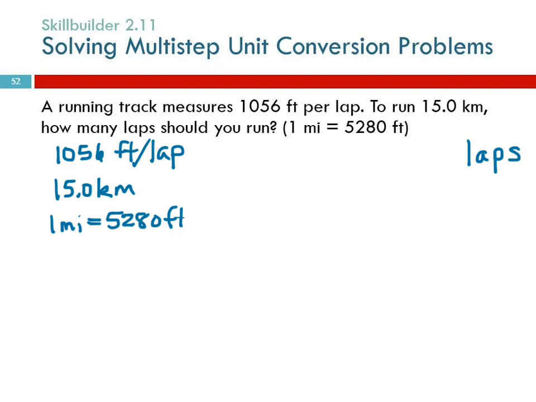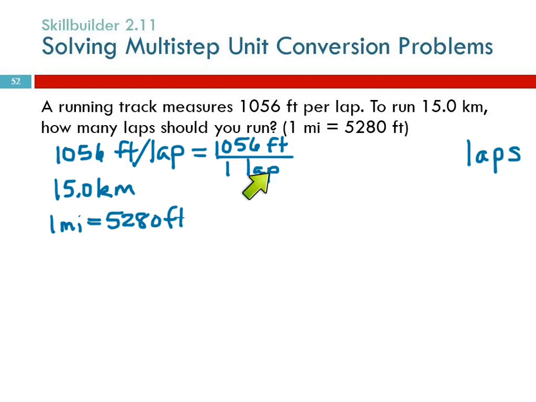What if we write that as a vertical fraction? 1,056 feet over 1 lap? That's the same thing, right? I just drew it a little differently. That kind of looks like a conversion factor too, doesn't it? It's got a number and it's a relationship between 2 different units.